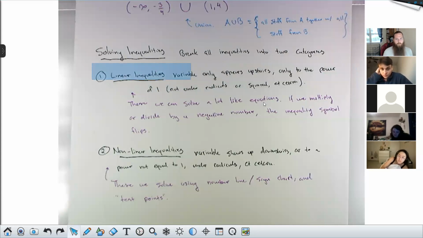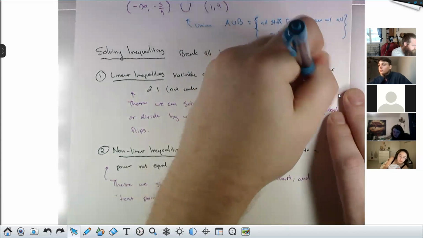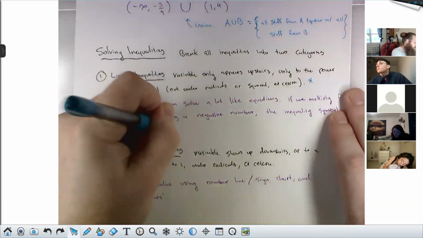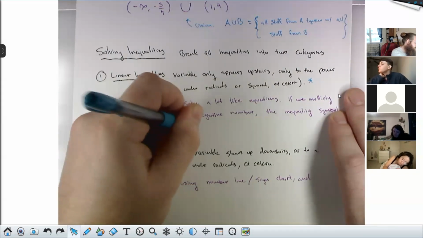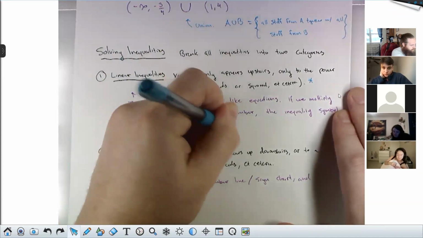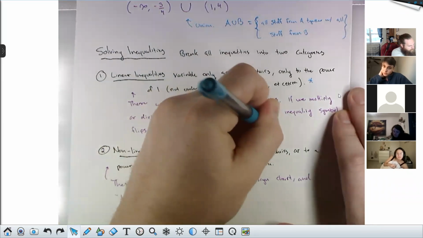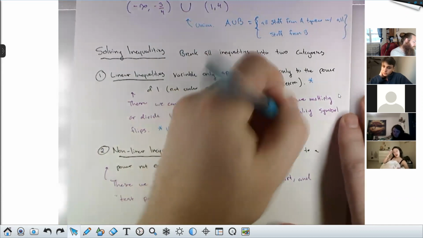Okay. One other way to think about what a linear inequality is, maybe I should write this down. If you rewrote the inequality as an equals, the graph would be a straight line.